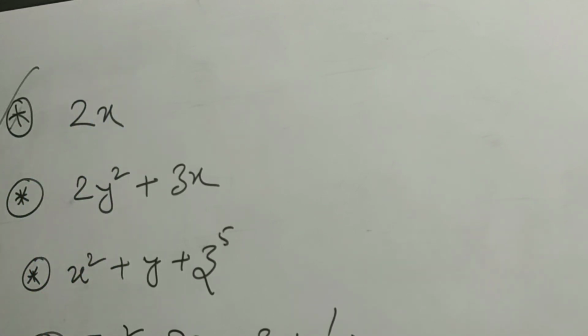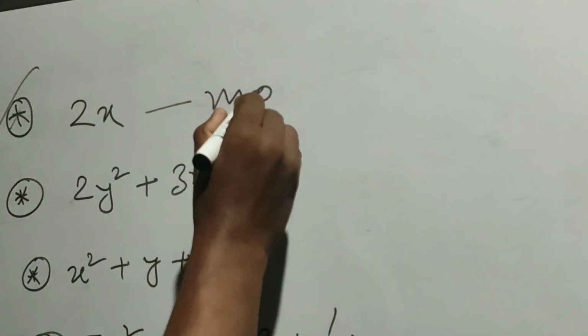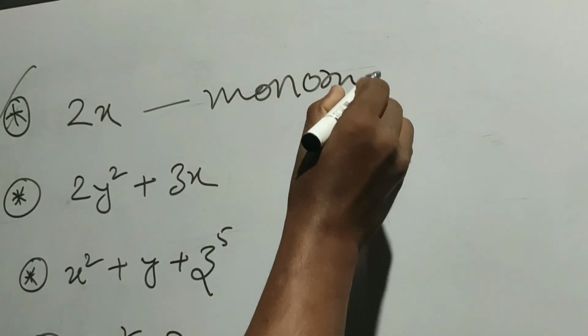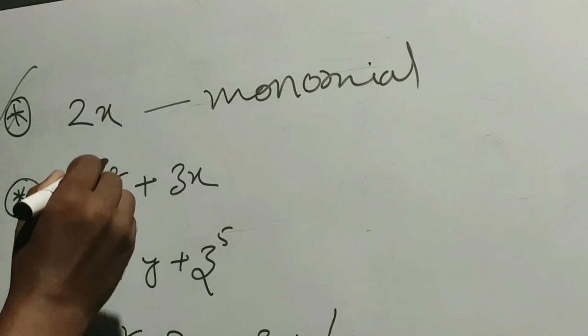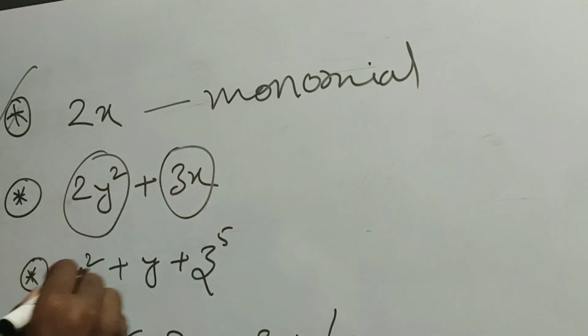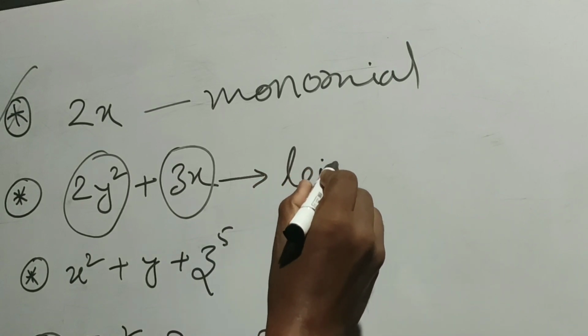If a polynomial has only one term, it is called a monomial. Here, twice y square plus thrice x: one term, another term, two terms. That's why it is called a binomial.